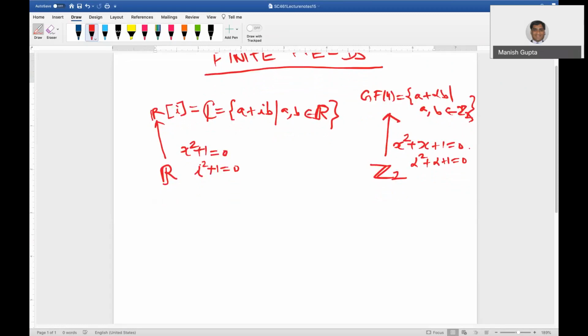And we need to keep in mind that the degree is important. When we want to construct a field with 4 elements, that is GF(2 square), so we should take a degree 2 polynomial. If we want to construct a field with 8 elements, then we need to take a degree 3 polynomial over GF(2) or Z2.